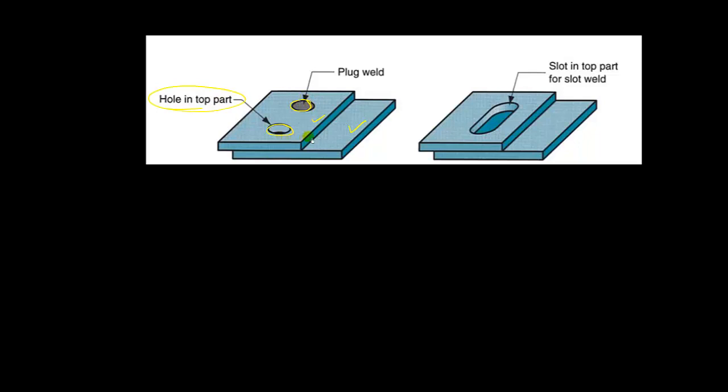Similarly, I can make a slot in place of the hole, then it's called slot weld. We can fill this welding material in this portion, and this will become a slot weld. Generally we make the slot on the top plate, so we have a slot in only one plate. One important point: this hole, that is the plug or slot, comes only in one plate, not in both plates.